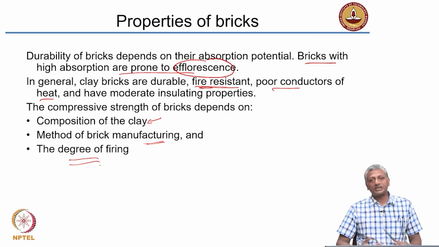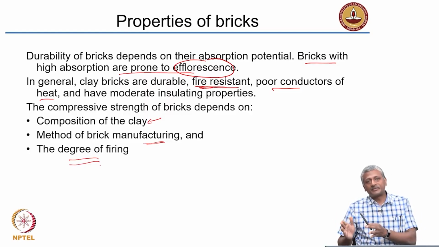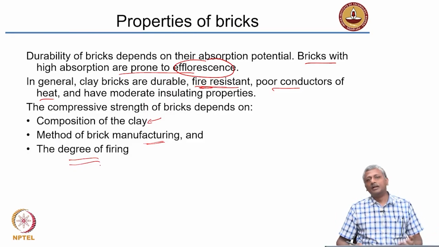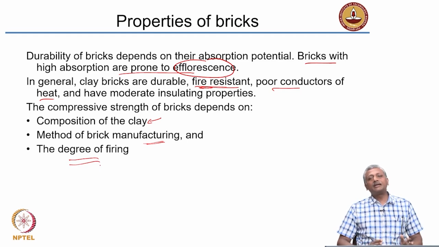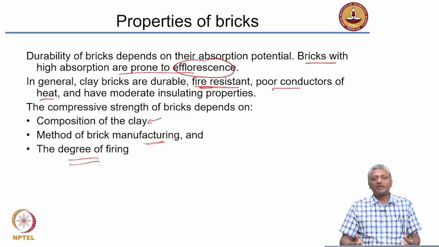Okay. So if you are going to an industrial manufacturer of bricks, they will have all these facilities where they can control the temperature, the time to which the brick is fired and so on. In such cases, the quality of brick will always be consistent. But when your bricks are coming from lower quality manufacturing processes, you will end up getting high degrees of variability in the properties of bricks. So one load of bricks you get will be very good, the next load that you get may be substandard.